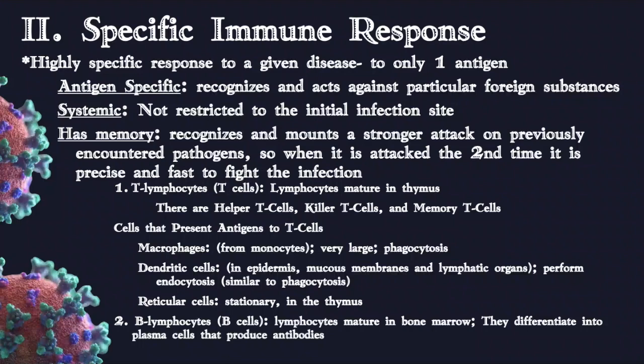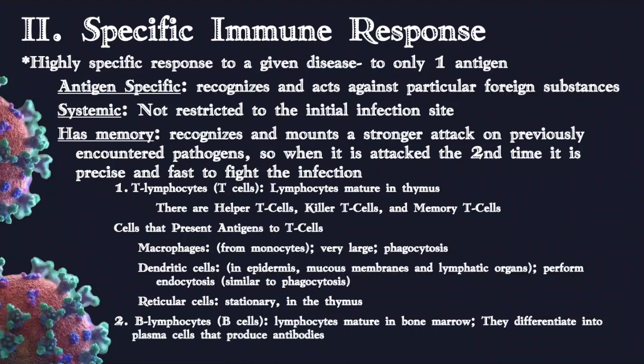So some examples of this are the T cells and the B cells. Now the T cells, there are helper T cells, killer T cells, memory T cells. And with these T cells, as we talked about, macrophages and dendritic cells are going to respond and work with the T cells and present the antigens to them so that they can be broken down.